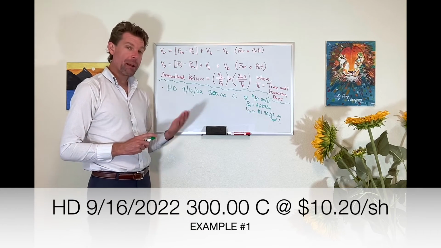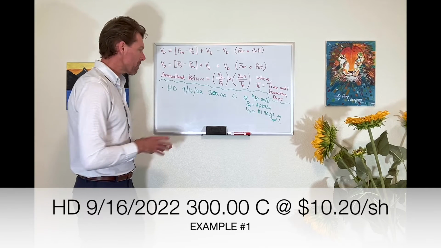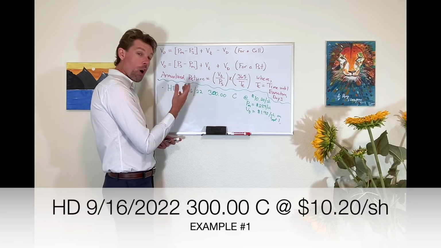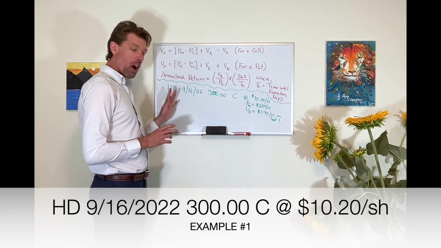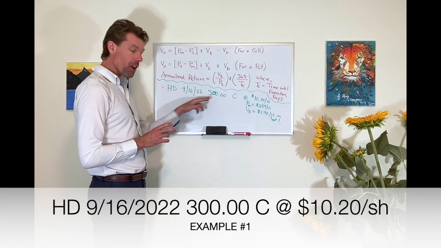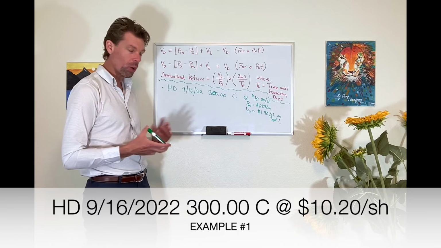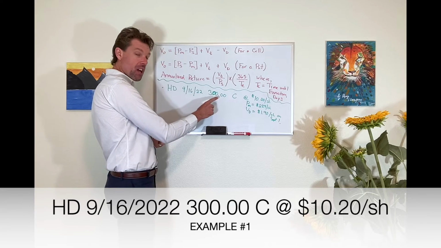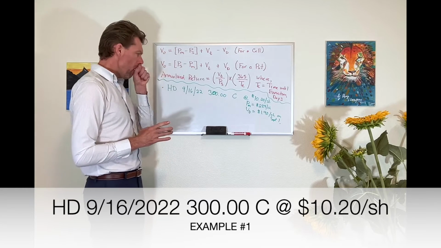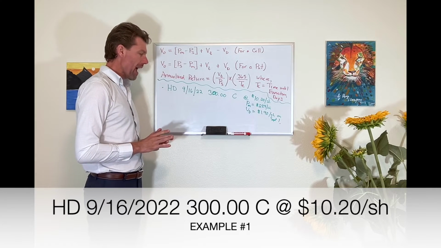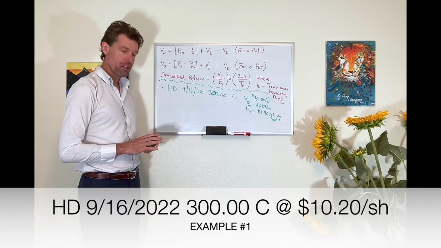Well, that's the time value component that's made up in the value of the contract. And that's because the person who owns this contract controls 100 shares at $300 a share. That's $30,000 of equity that they control at this price until September 16. So they control that amount of equity, $30,000 worth of Home Depot, for 2 more months.